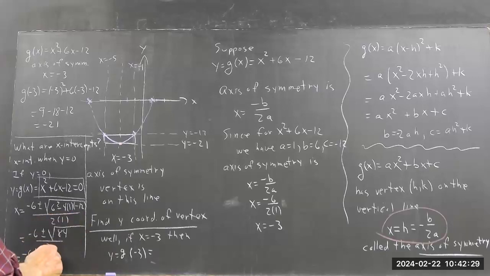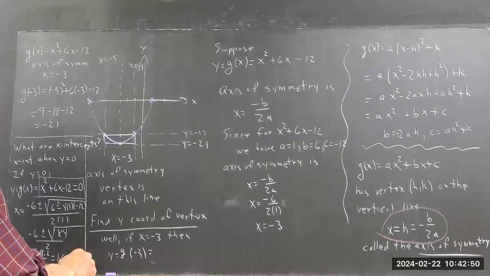The square root of 84 is like 9.1 or 9.2. I'll say maybe 9.2, but it's kind of tricky. Okay. So if we calculate this, it gives us 1.6 or -7.6.